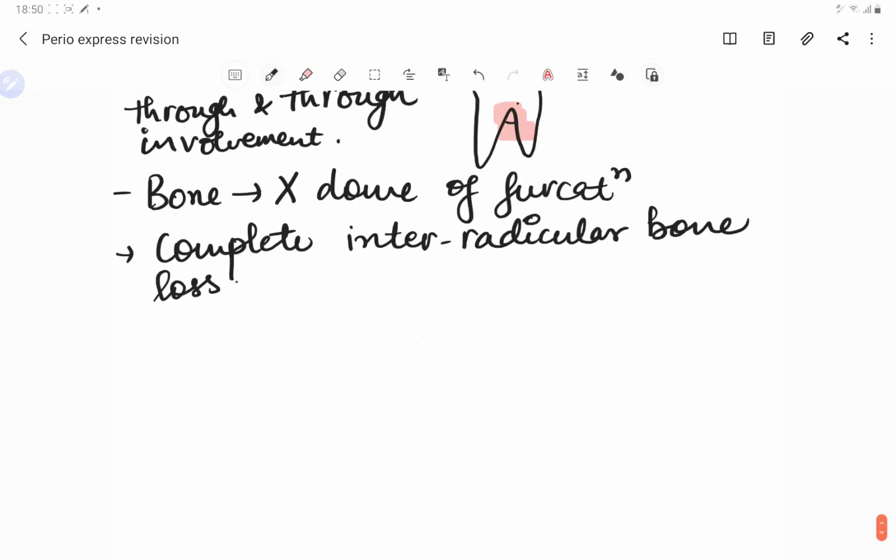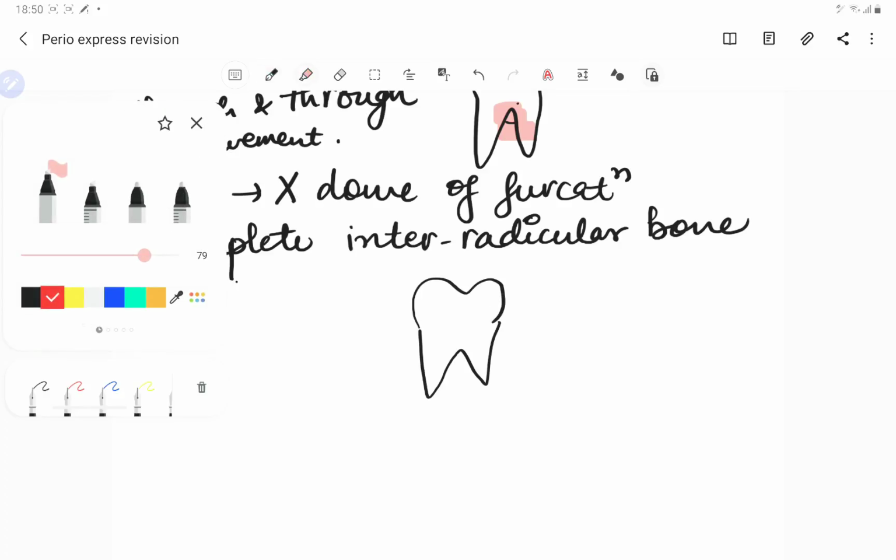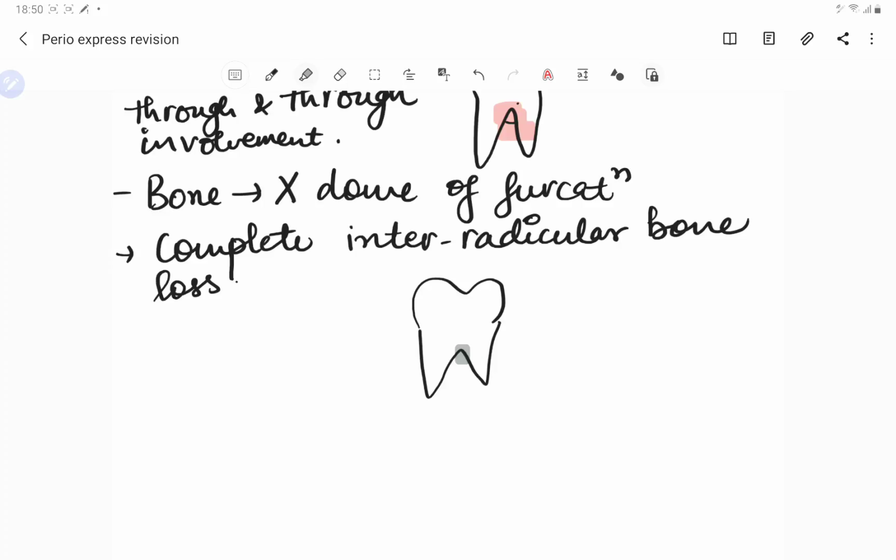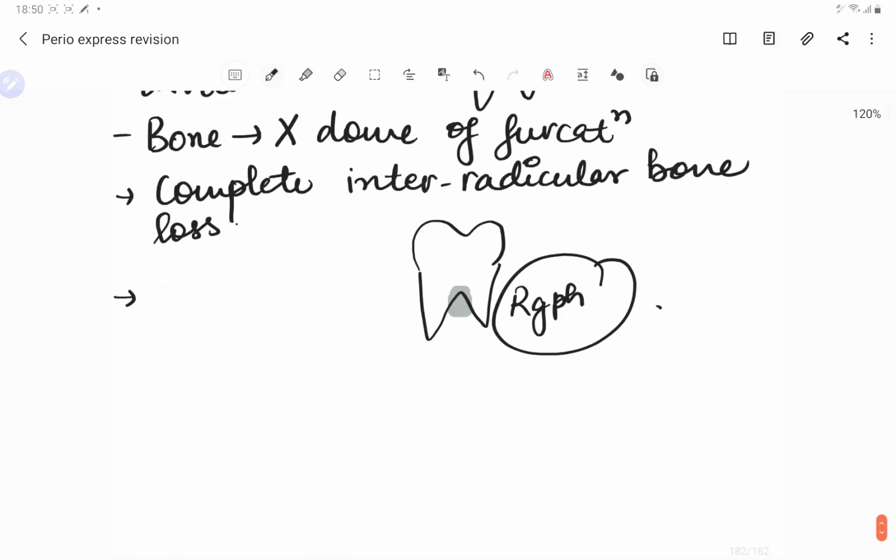In the radiograph also, in the radiograph you will find a small radiolucency. So you will find a small radiolucency here. This is a radiograph at the furcation area with the pocket formation. So there is a periodontal tissue which covers the furcation, and therefore you can barely pass the Nabers probe.